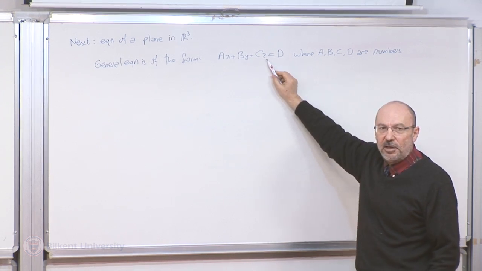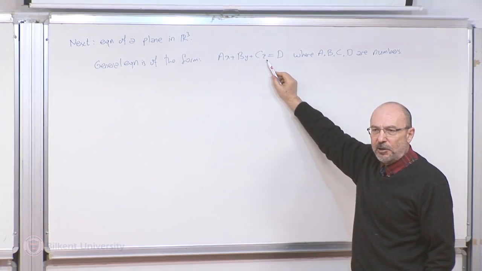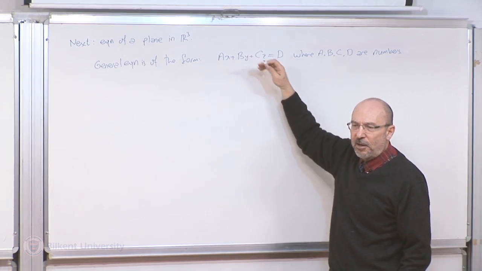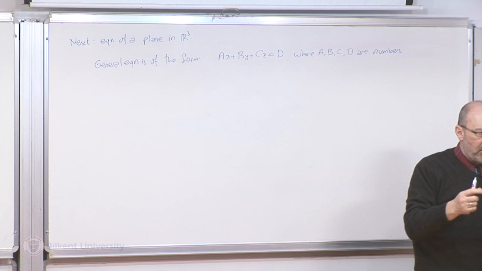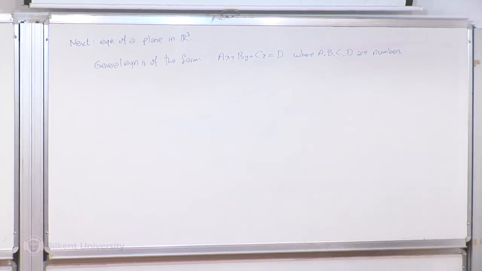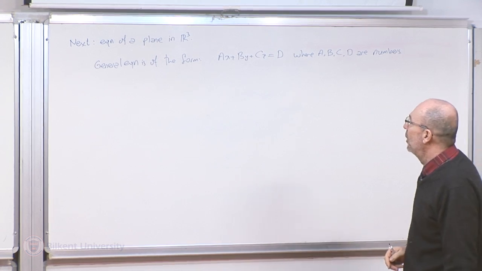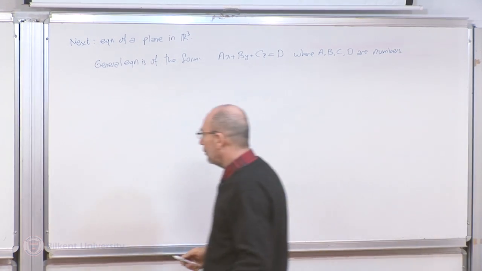So z is equal to a linear expression in x and y. So this defines a two-dimensional plane. One equation drops the dimension by 1 in general.